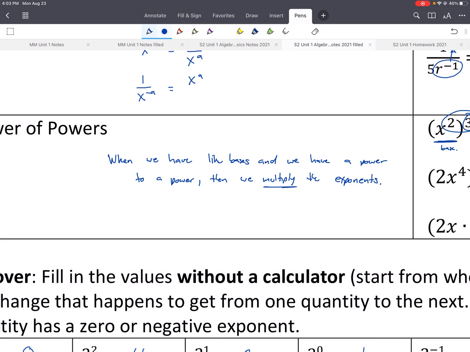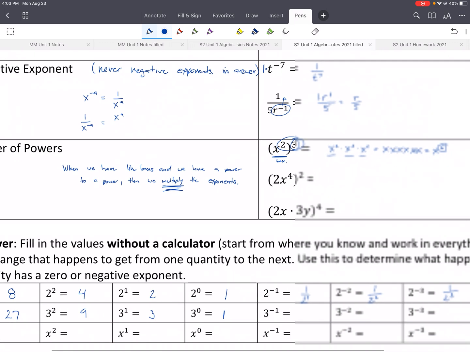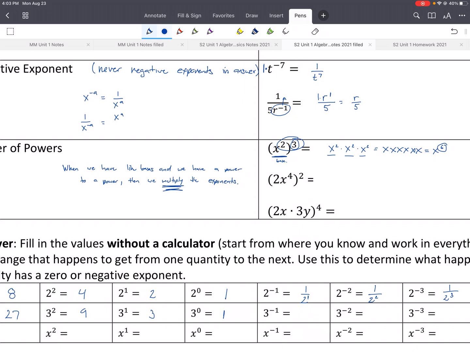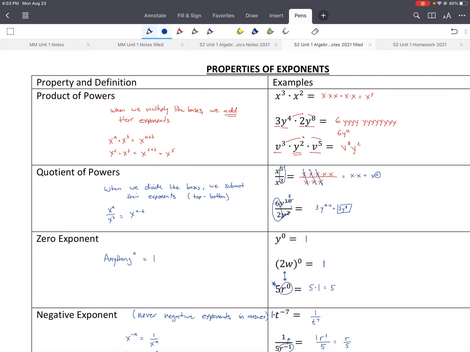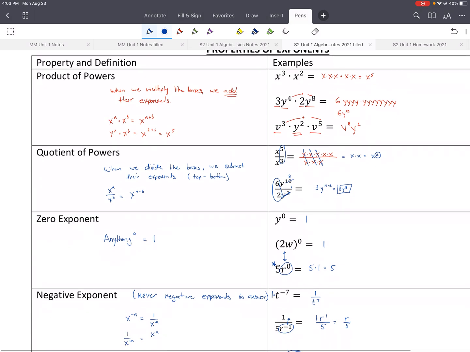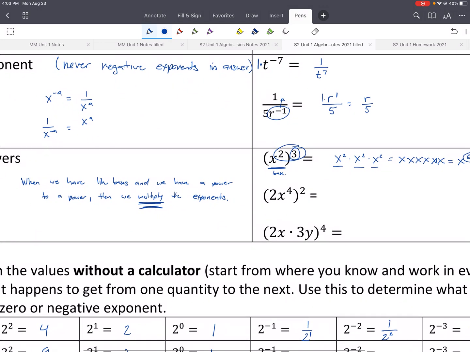Okay. All right. And for some reason, people really struggle with telling the first and the last apart. So when we have a product of powers, when we multiply like bases, we add, and when we have a power to a power, we multiply.